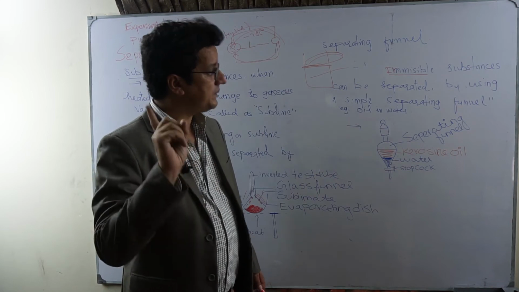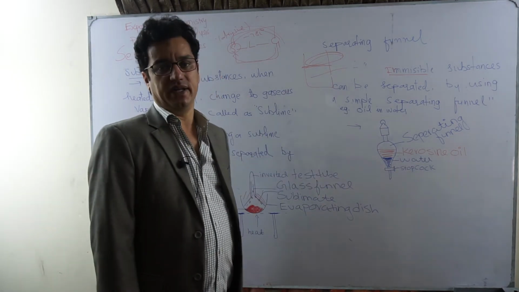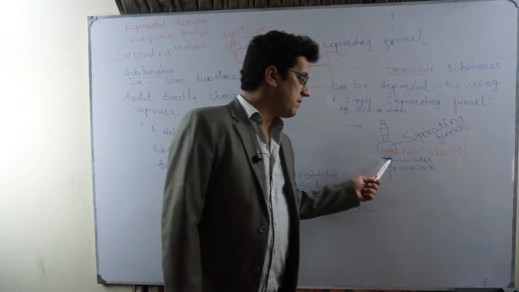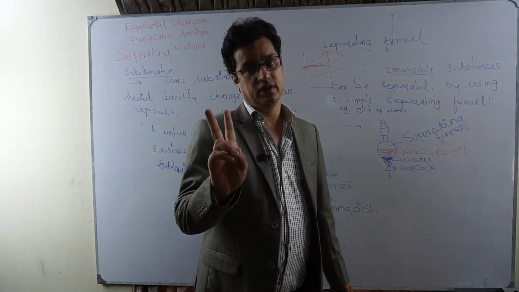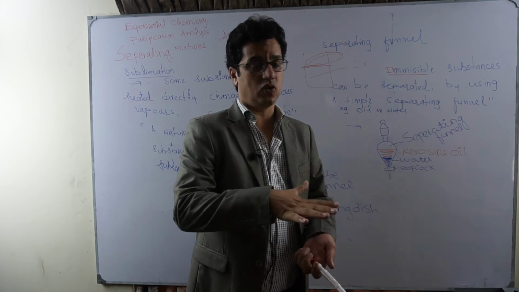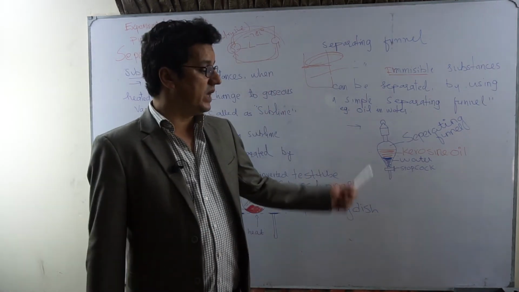Best thing, if things are immiscible and not dissolved into each other, use this simple apparatus. We call it a separating funnel. Now, when you place them into the separating funnel, two layers will form. Sometimes we add it into a magnetic shaker to make the layer stronger and then place it into the separating funnel. But you can place it directly, let it settle down, and two layers are formed.